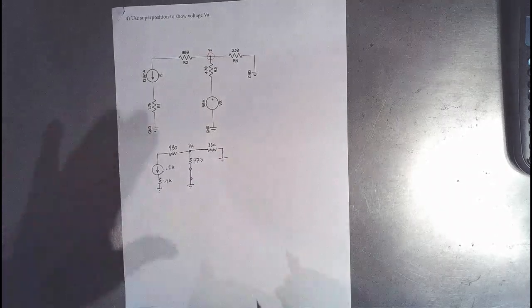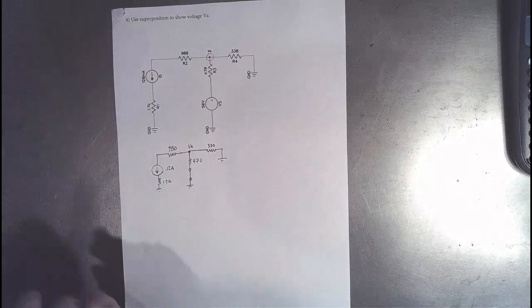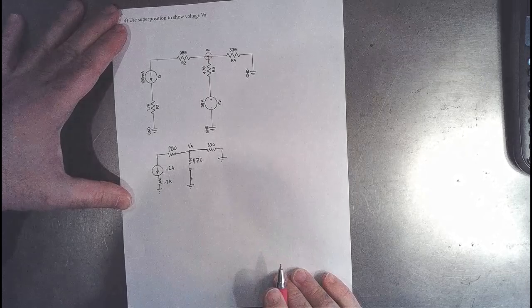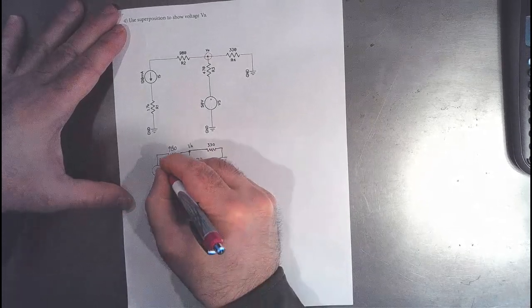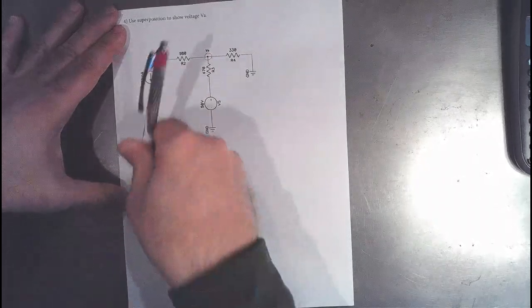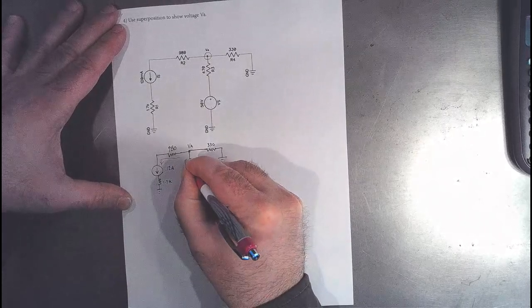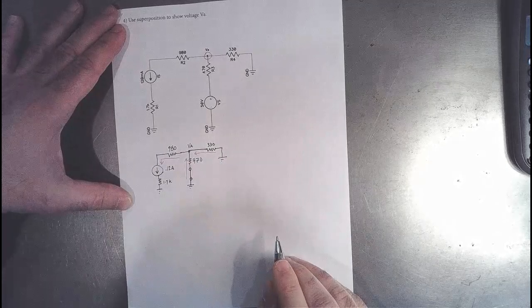Okay, so let's look at what's going on in this circuit. Well, we know that the current is flowing like this. You can see this current source is pulling current down that way. So we're going to have some current going like this, and we're going to have some current going like this.